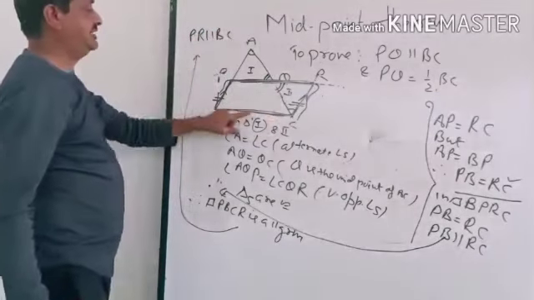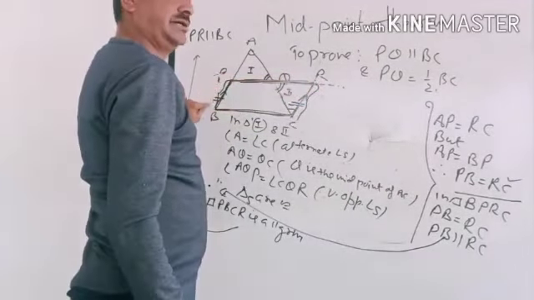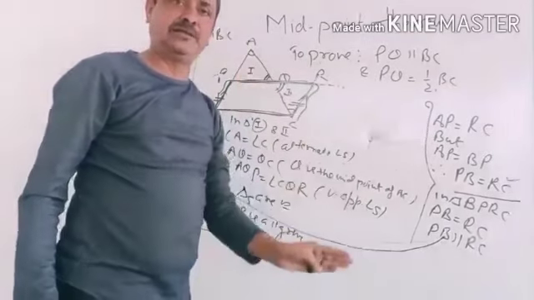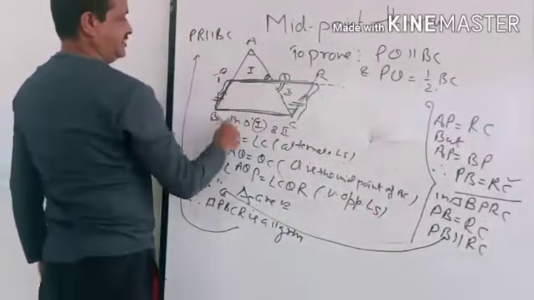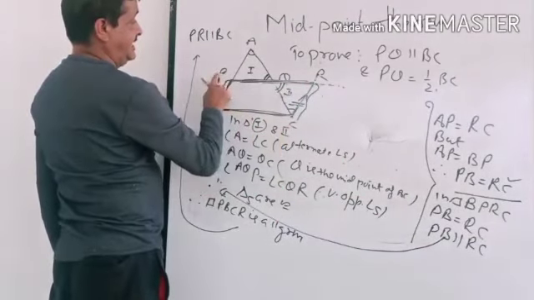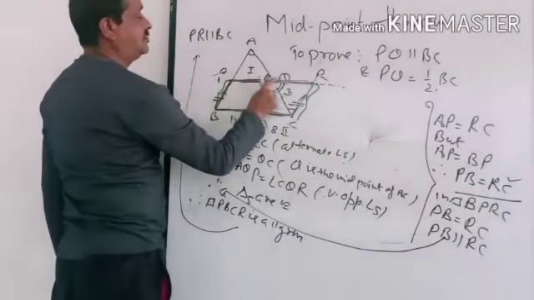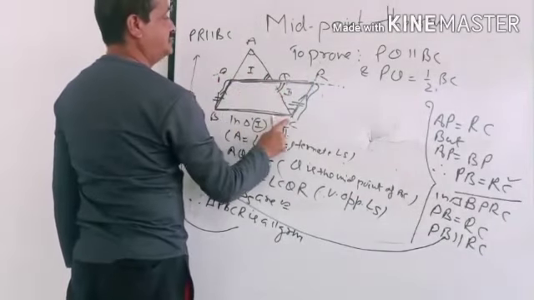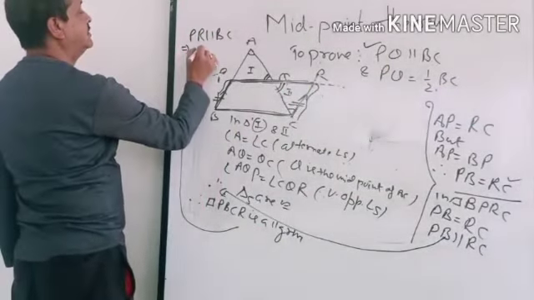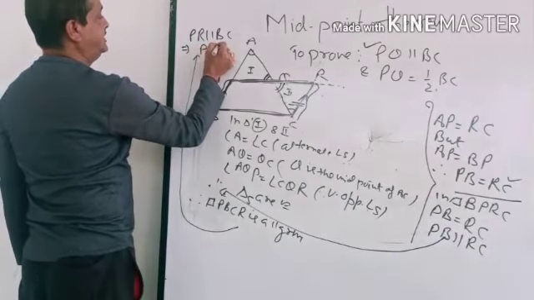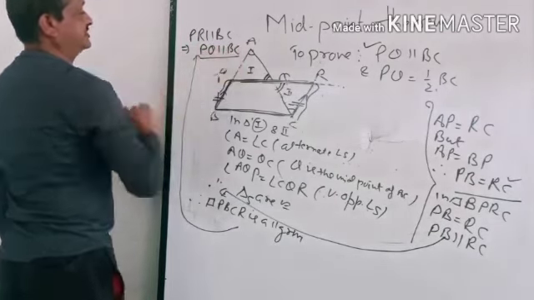After proving this as a parallelogram, you will apply the properties of a parallelogram, that its opposite sides are equal, right? PR is parallel to BC and PR is the extended part of PQ, therefore PQ is parallel to BC. So the first result is proved. It implies that PQ is parallel to BC. It was the first result to be proven.